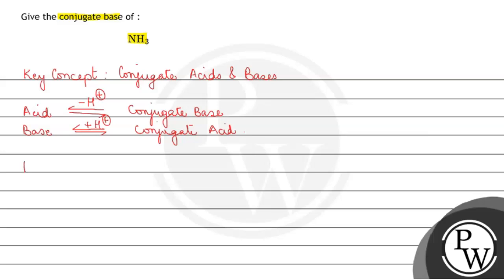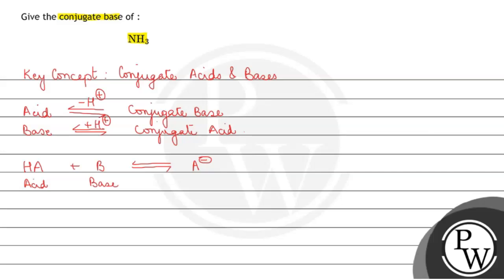एक रिएक्शन की हेल्प से इसे समझते हैं. Suppose HA is an acid which is reacting with a base B in a reversible reaction. HA will lose a proton and will transform into A negative.